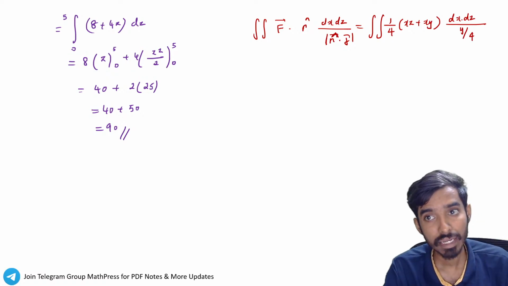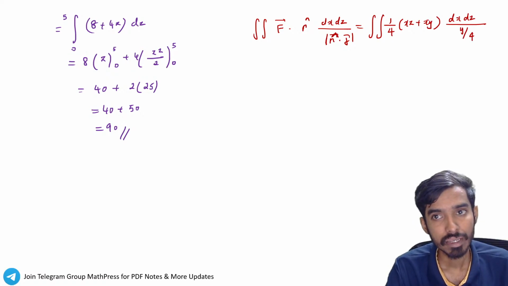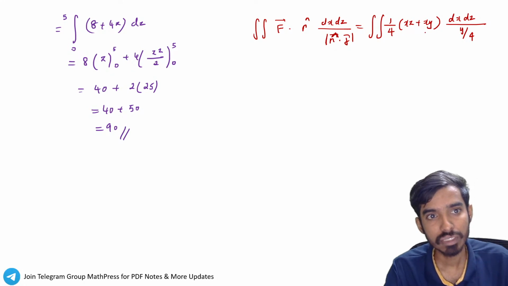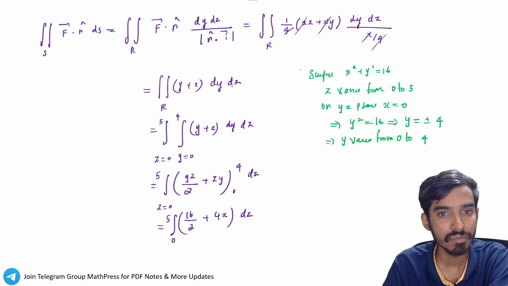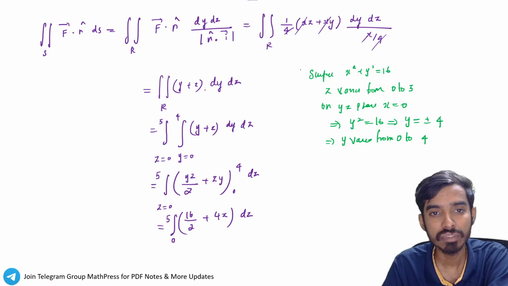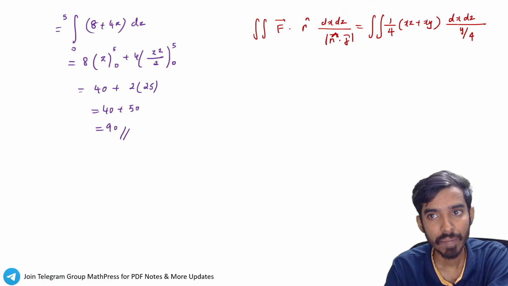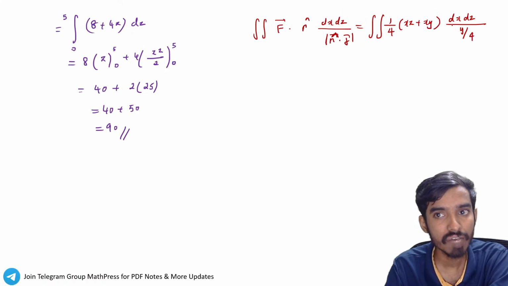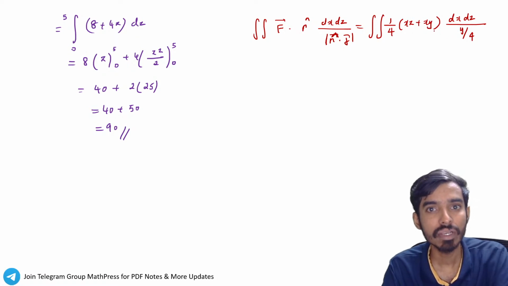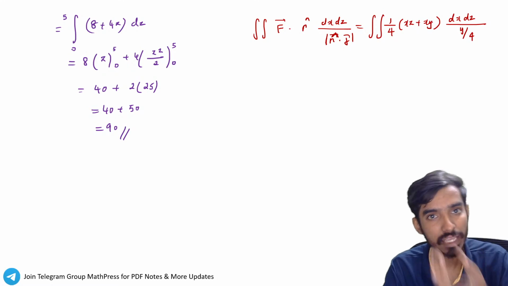Now we are integrating with dx dz, right? So everything should be in terms of y and z when using dy dz. But if we are integrating with this, we should have everything in terms of x and z, but we have y here. That means we need to convert y in terms of x.